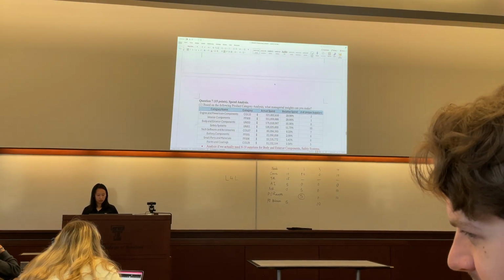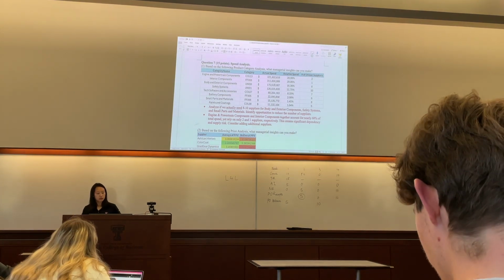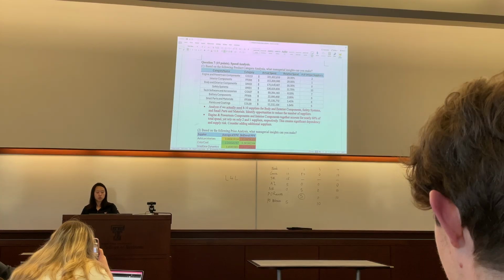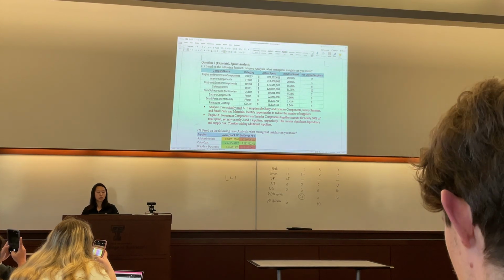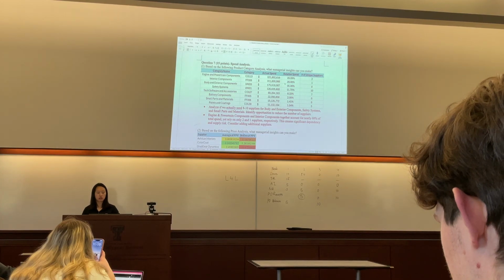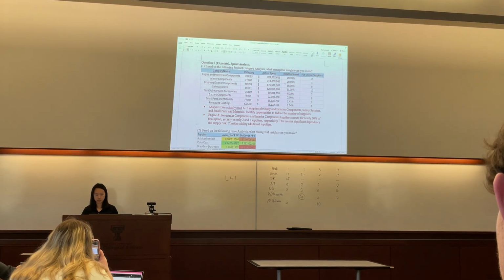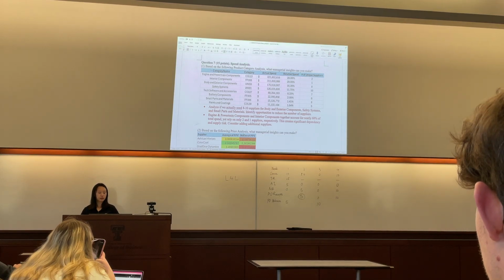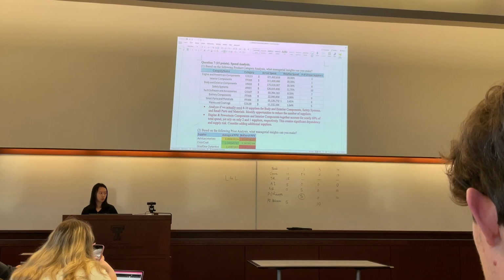Alright, and we have the last type of question about spend analysis. For spend analysis, you do not need to use Excel every time. I will show you the result of Excel, I give you the screenshot, and what you need to do is just interpret the result. For example, based on the following product category analysis, what managerial insights can you have?